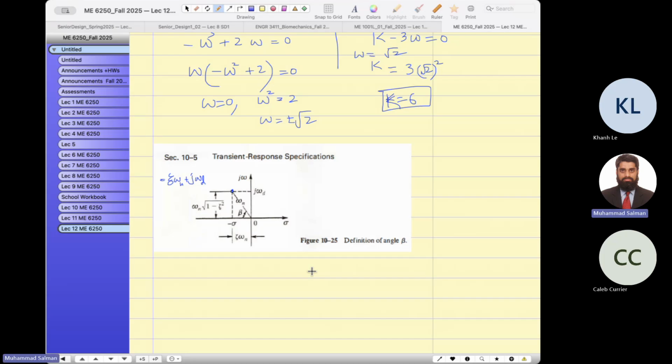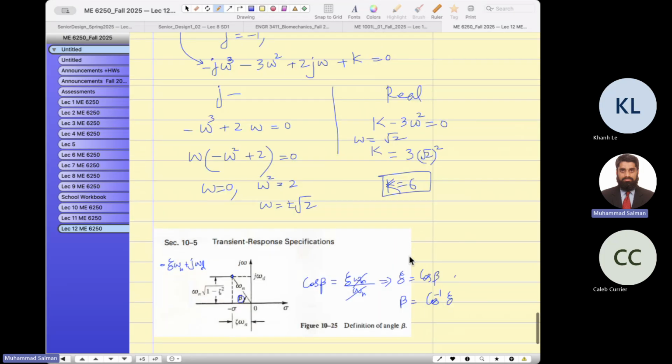Now guys, cosine beta is adjacent over hypotenuse, that means zeta equals cosine beta. And beta equals cosine inverse zeta. So now in our case, zeta is how much?